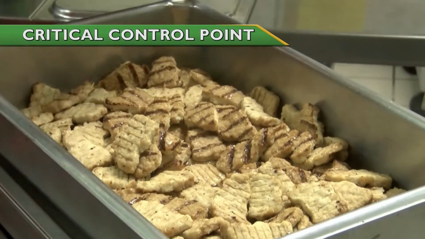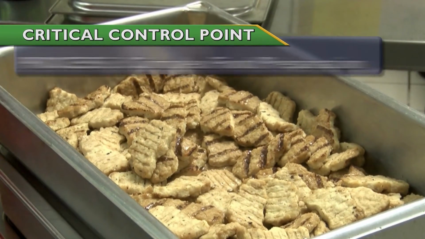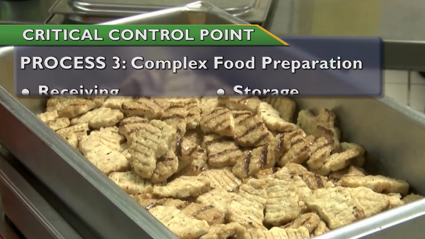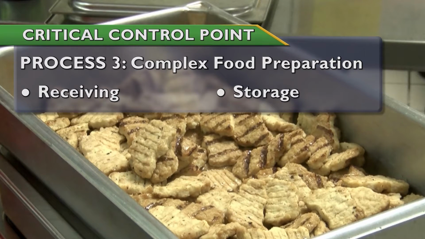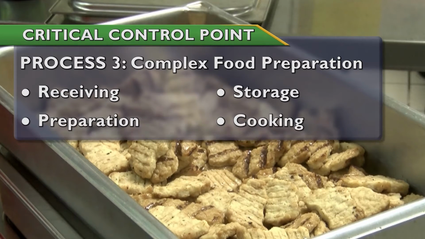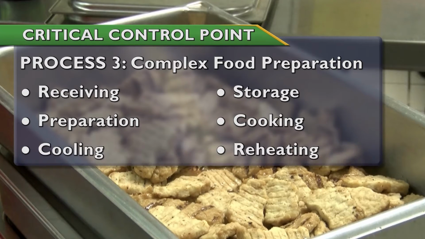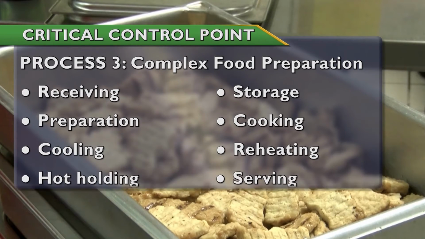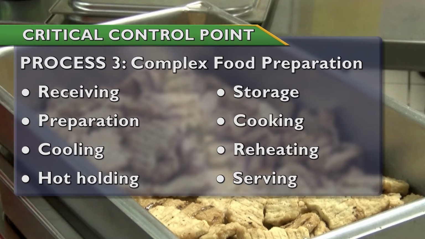The steps involved in process number 3, complex food preparation are receiving, storage, preparation, cooking, cooling, reheating, hot holding, and serving.